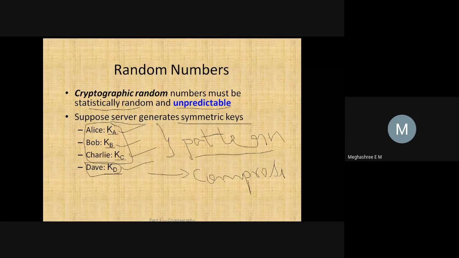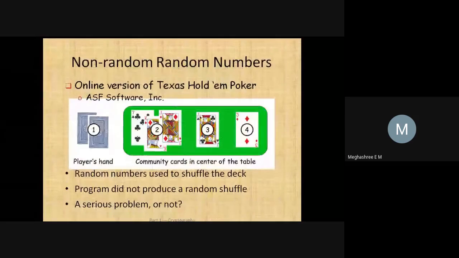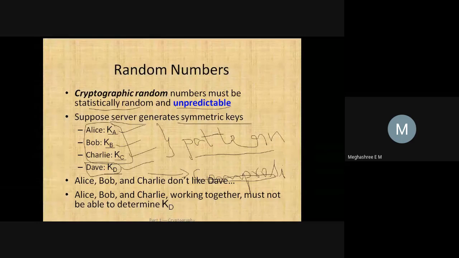Just remember, I'm not able to write with this mouse. So if that is the case, then this crypto system is compromised. That is what I explained in this slide. I hope I'm clear till this point. So that is the introduction about random numbers.